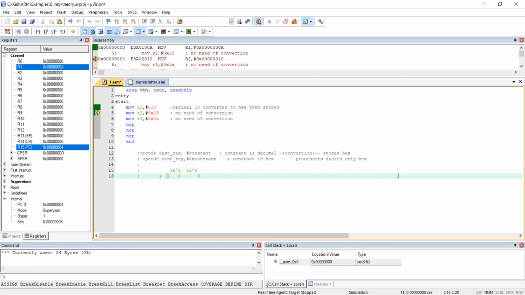Like that, 16 to the power of 2, and the last one, 16 to the power of 3. See the bits arrangement.